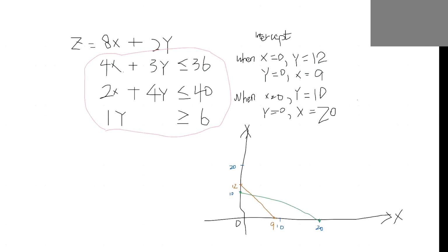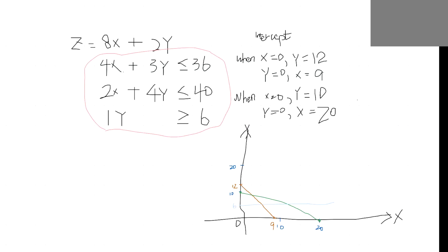And then lastly, y is greater than or equal to 6. So I'm going to draw another line. Say this is 6, and I'm going to draw a line like this. And this is the third constraint. And then look at the signs.